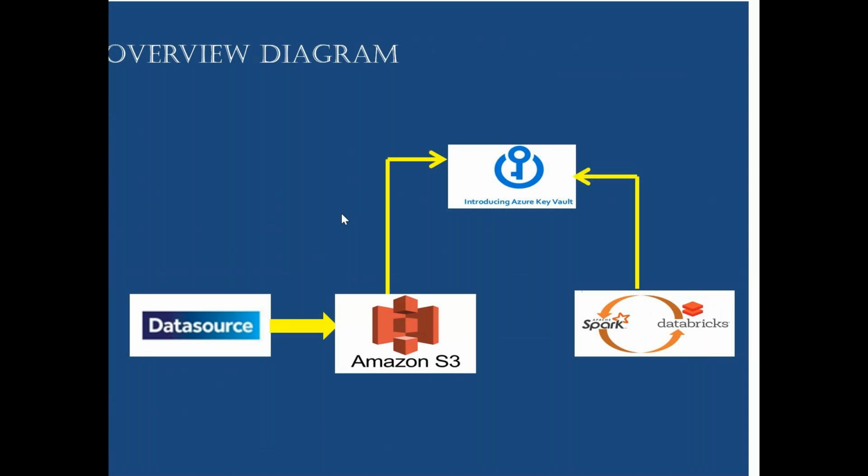From Databricks, I'll connect to Key Vault and take the access key and secret value. Using that access key and secret value, I'll create a mount point for S3, and then I can read data and write data back to S3. Clear, team?